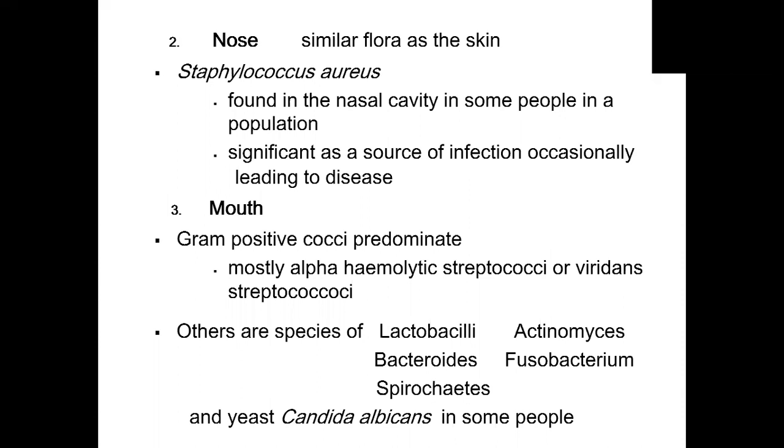But in addition, there is also a certain type of microorganism, which is not a bacterium, which again you'll cover much later towards the end of the lectures. And that is the yeast Candida albicans, which is carried by some people in the mouth as part of the normal flora.